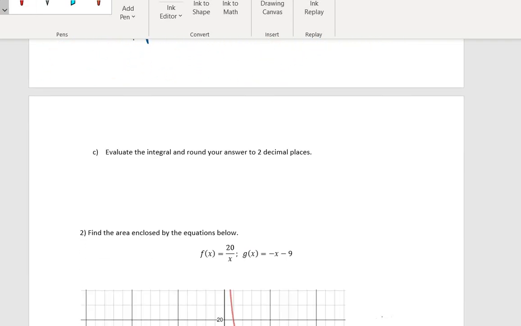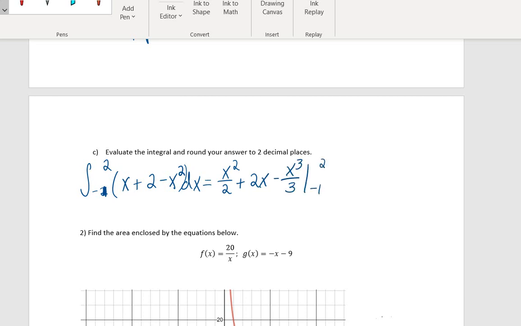All right, now we want to evaluate that integral and round our answer to 2 decimal places. So when we evaluate this integral, we are going to get the integral from -1 to 2 of x plus 2 minus x squared dx, which is going to be x squared over 2 plus 2x minus x to the third over 3, evaluated from -1 to 2.